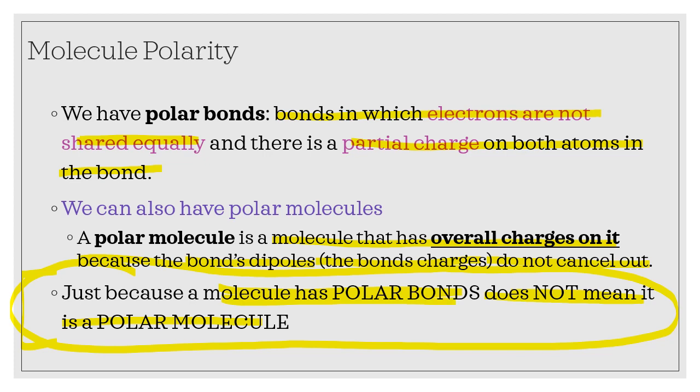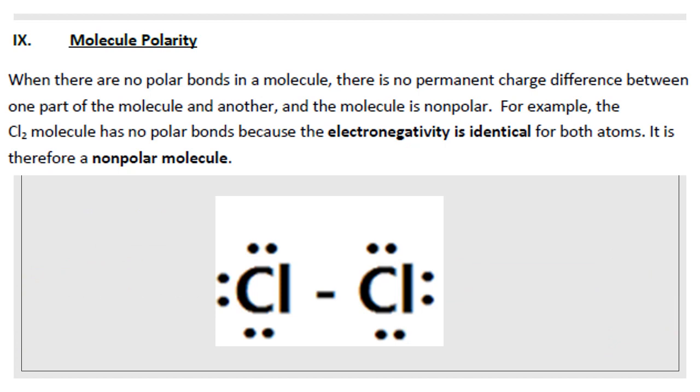So, in your notes, if you flip past where we were last, this is what you should see, and we're going to go through this together, paragraph by paragraph. So, how do I determine if a molecule is polar or not?